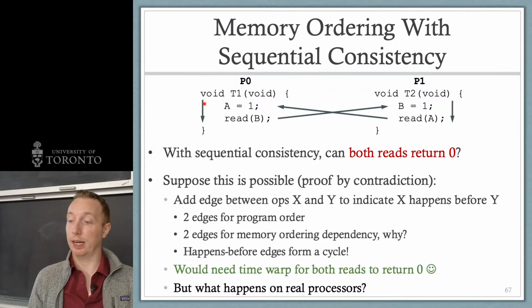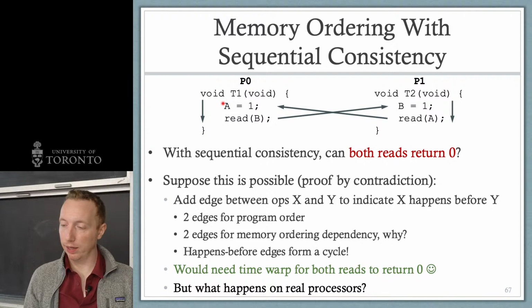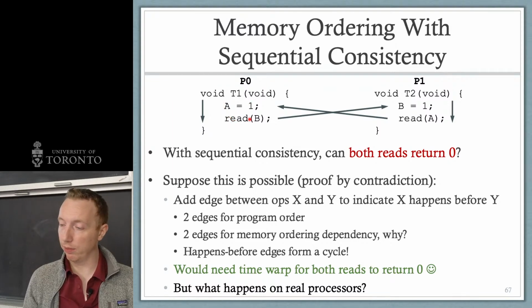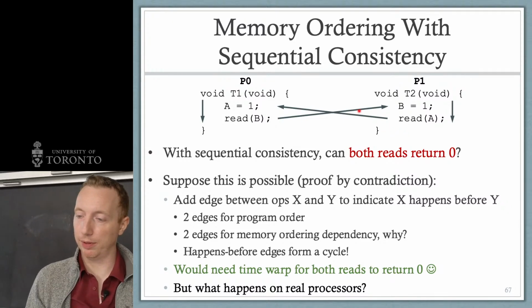And if we have sequential consistency, then within each thread it will actually execute the write and then the read. So this literally cannot happen if we have sequential consistency.